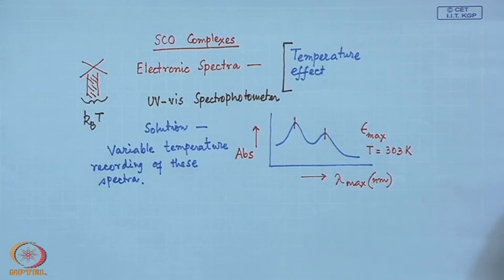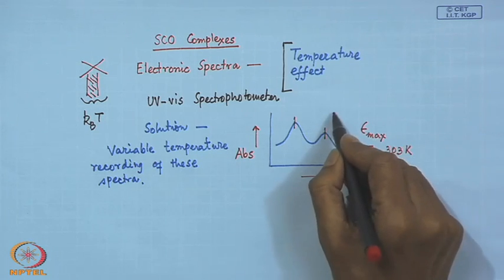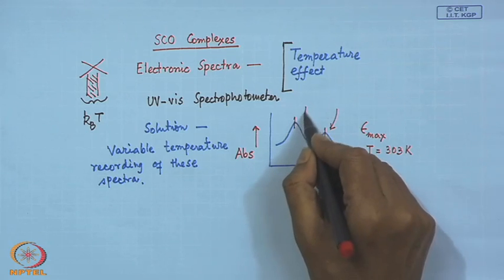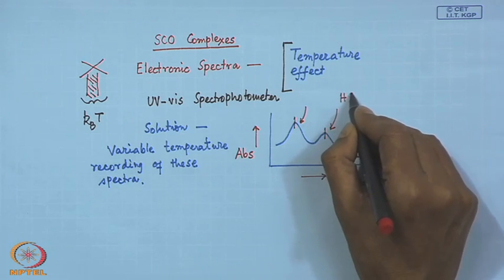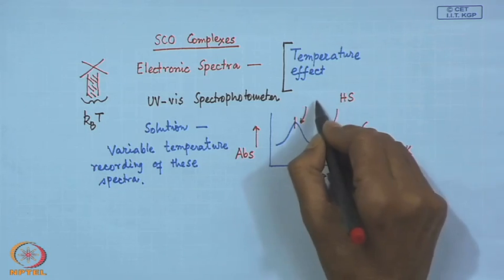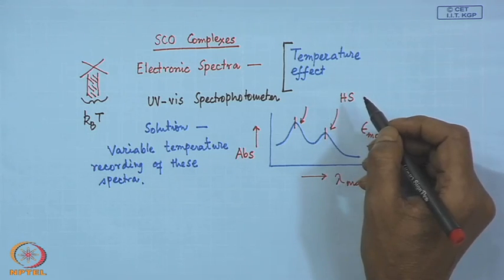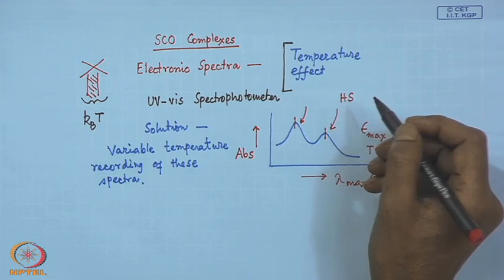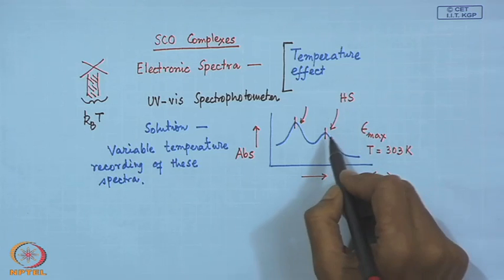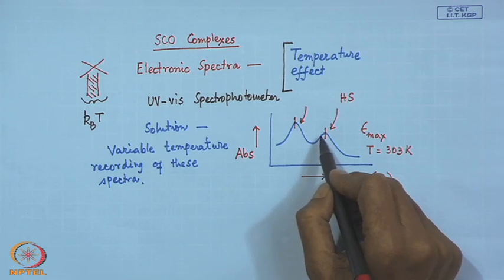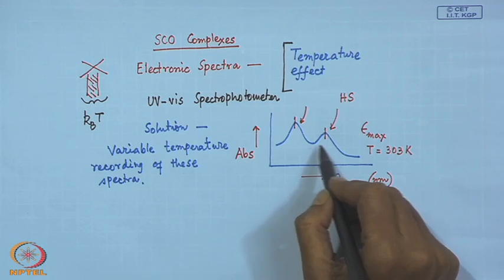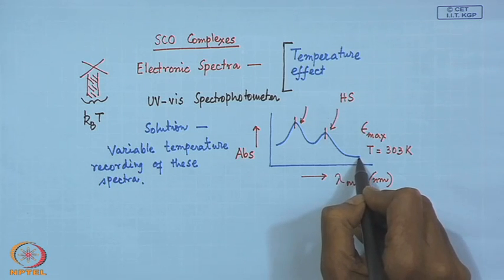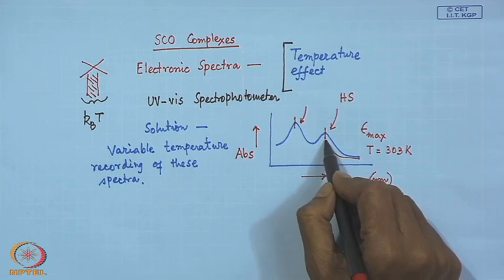If we can characterize one of these bands, either this one or that one, with respect to the high spin state or any charge transfer, then due to the change in temperature, if the concentration of the high spin state is decreasing, this particular band intensity will definitely decrease.